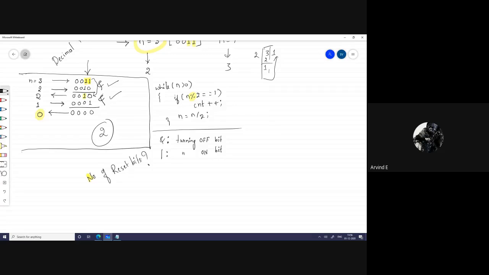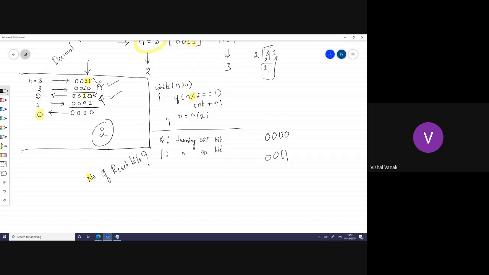So 14. 14, exactly, right? For our calculation, we always write only 4 bits, like this, as the binary of 3.